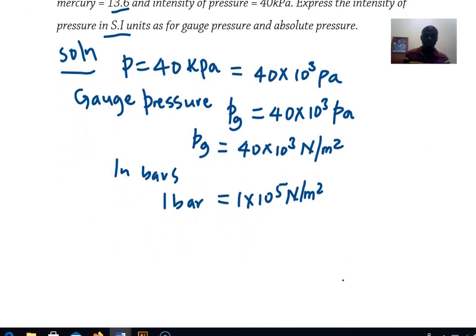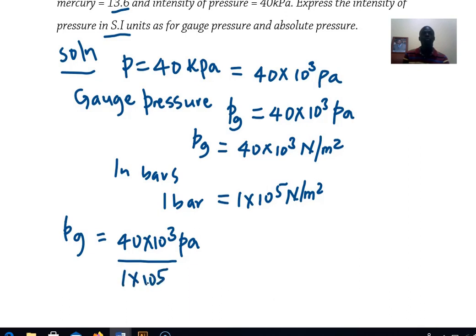So if this gauge pressure is needed in bars, it is equal to 40 times 10 power 3 pascals divided by 1 times 10 power 5.